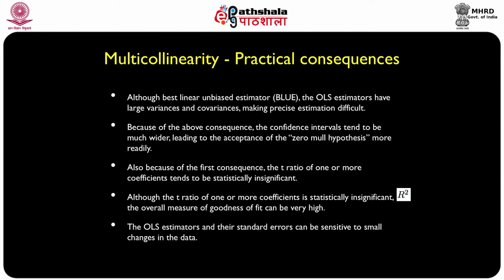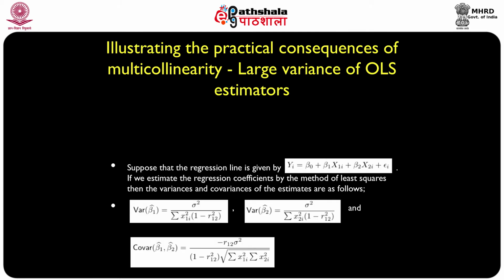Although the t-ratio of one or more coefficients is statistically insignificant, R square, which is the overall measure of goodness of fit of the model, can be very high. The ordinary least square estimators and their standard errors can be sensitive to small changes in the data. Now let us look at each of these practical consequences of multicollinearity in detail.